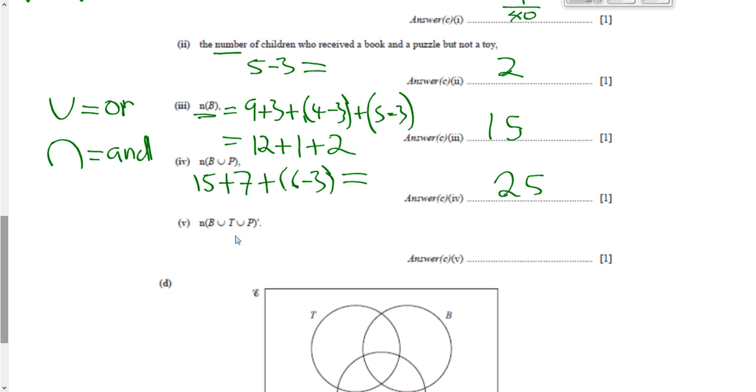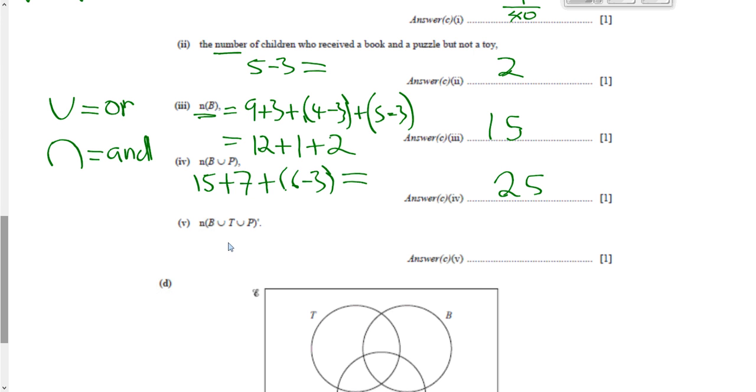Again with the same notation, we're looking for the number who received a book or a toy or a puzzle. Actually, we're looking for the number that did not. This little dash here means not whatever this is, so it's 1 minus whatever this is.